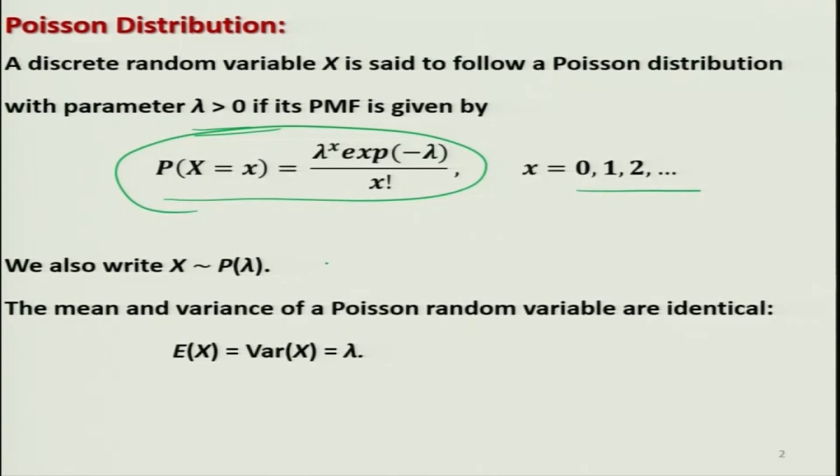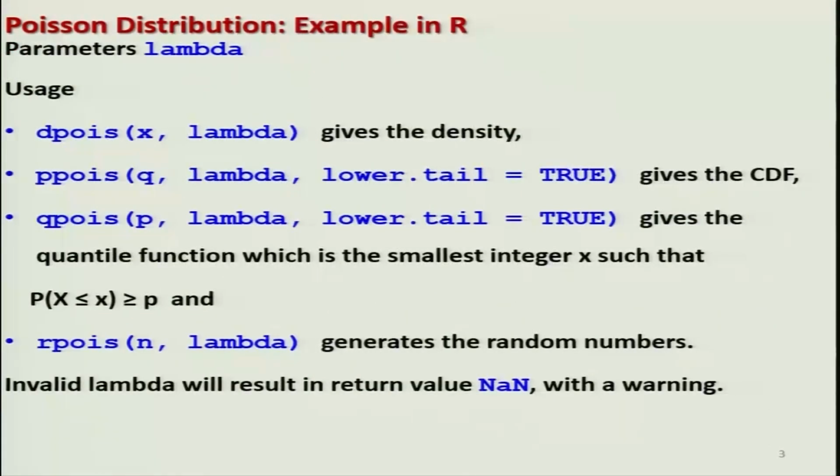We also write this as X tilde Poisson(lambda). The mean and variance of this Poisson random variable are lambda and lambda, so they are identical.